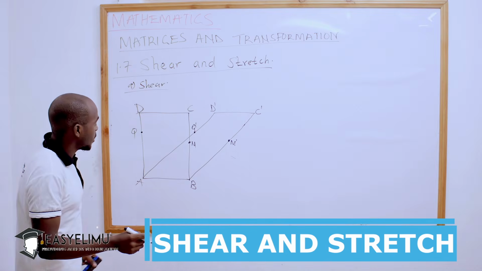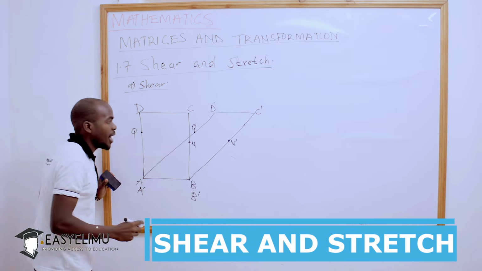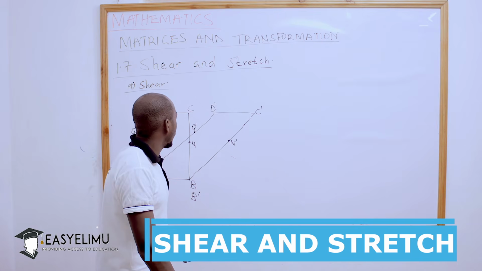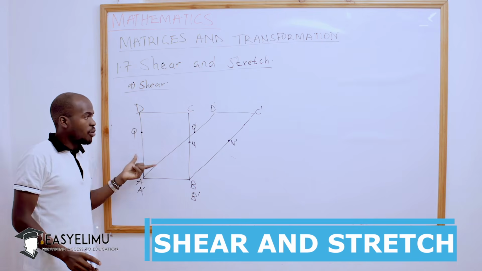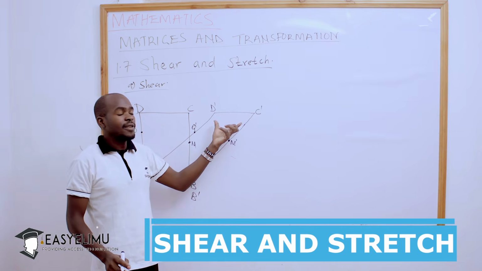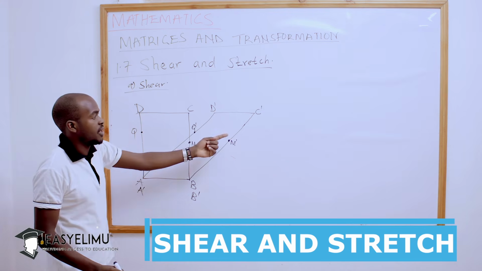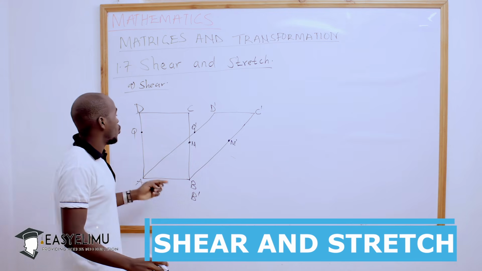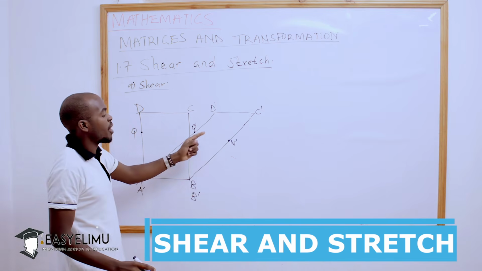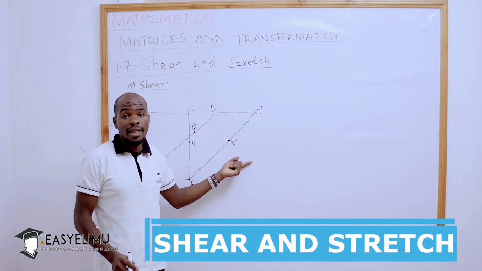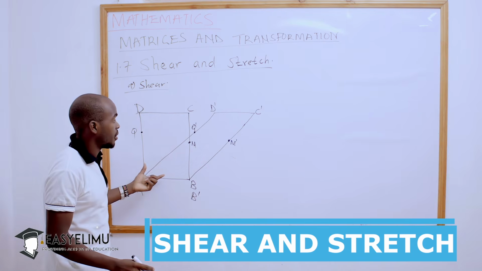If you transform it under a given matrix, you will find an image of the first object, which is A prime, B prime, C prime, and D prime, with the points Q and M being transformed to Q prime and M prime on the other figure or image which we have obtained here.